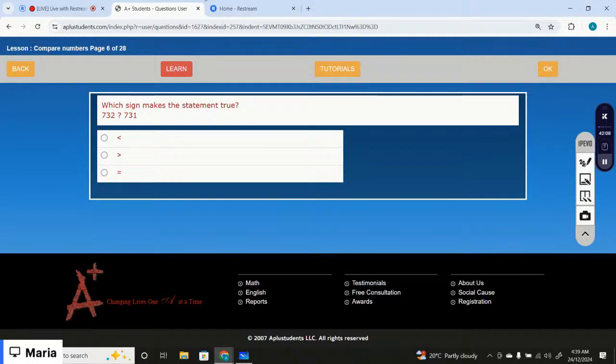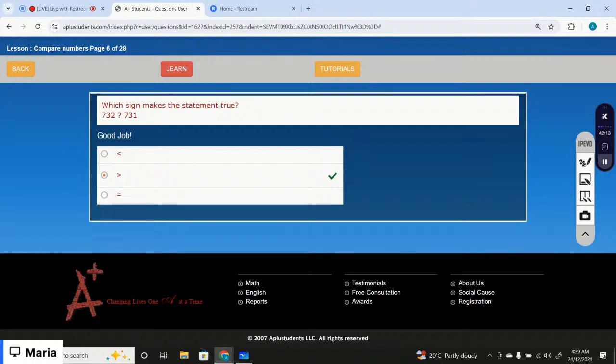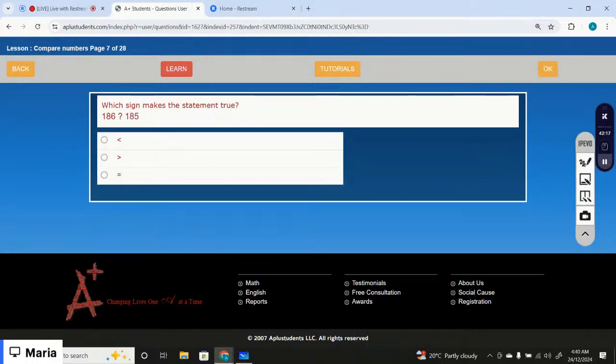Two. 732 is greater than 731. Which sign makes the statement true?